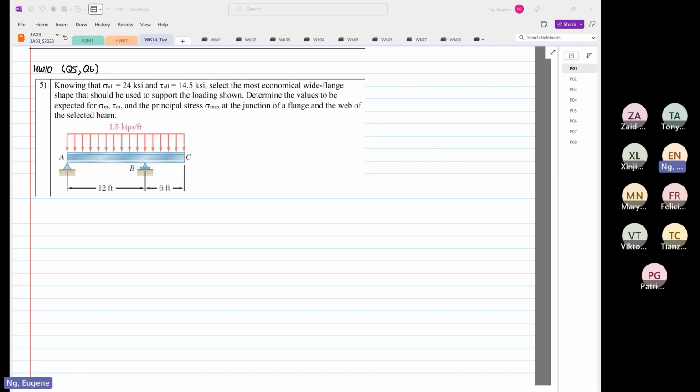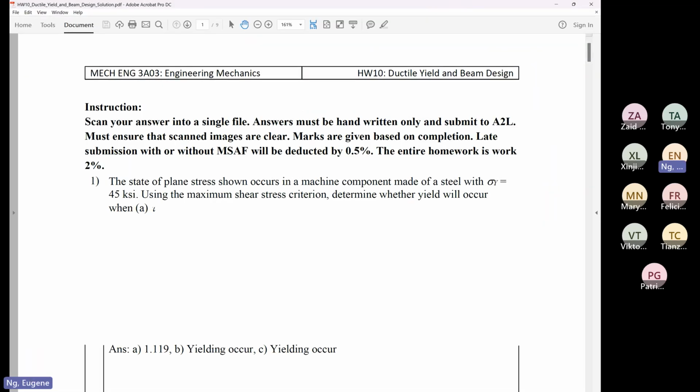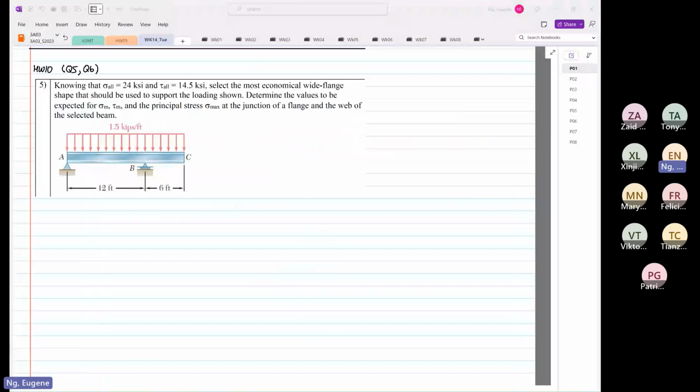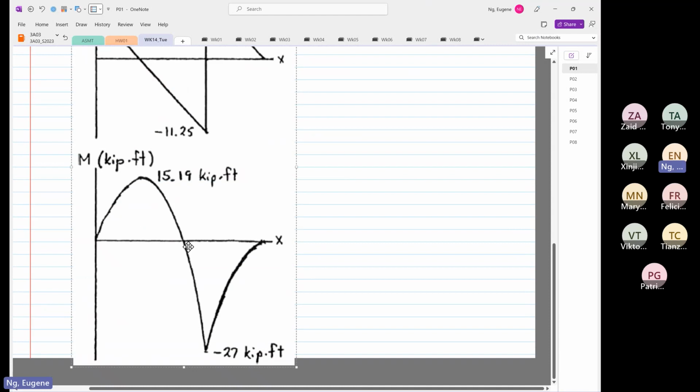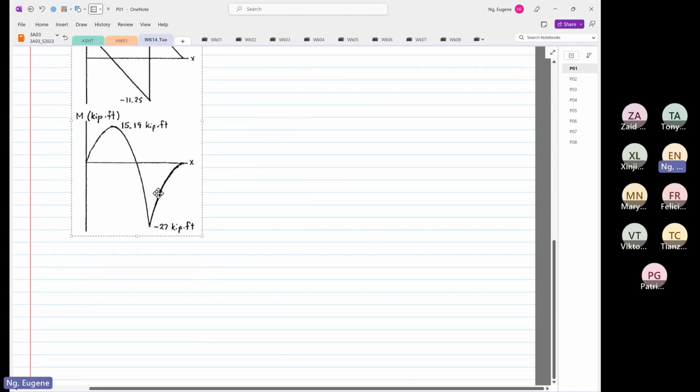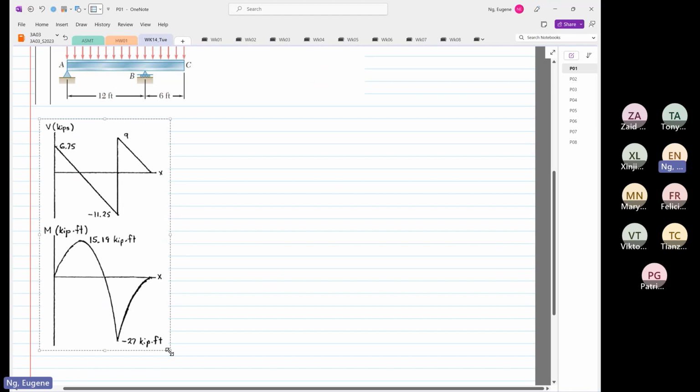So this is the shear force and bending moment diagram.